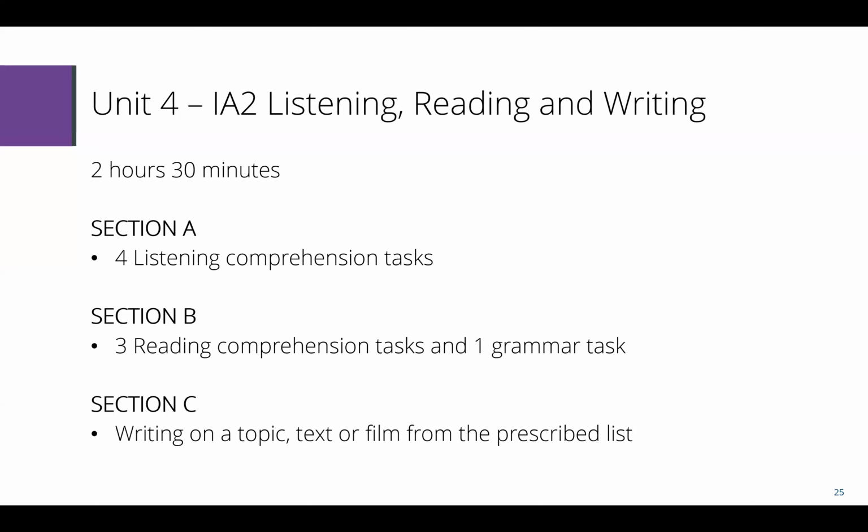So what they have to do there in this grammar task is they have to refer to the expressions or the chunks which are in bold in the text, and they have to reformulate each of these phrases using the bit that's in brackets.